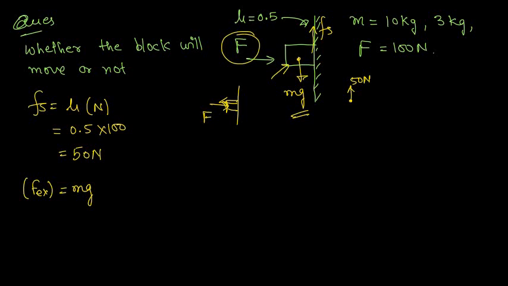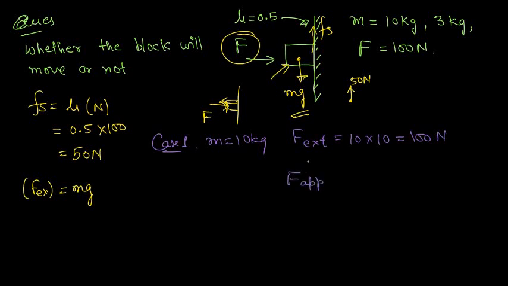So if we consider these two cases, let's say case 1, where m is equal to 10 kilogram. Then the external force will be 10 into g, let's say 10, that is 100 Newton. So the force applied, that is parallel to the surface, is greater than the maximum value of f_s, because the maximum value of f_s here is 50 Newton.